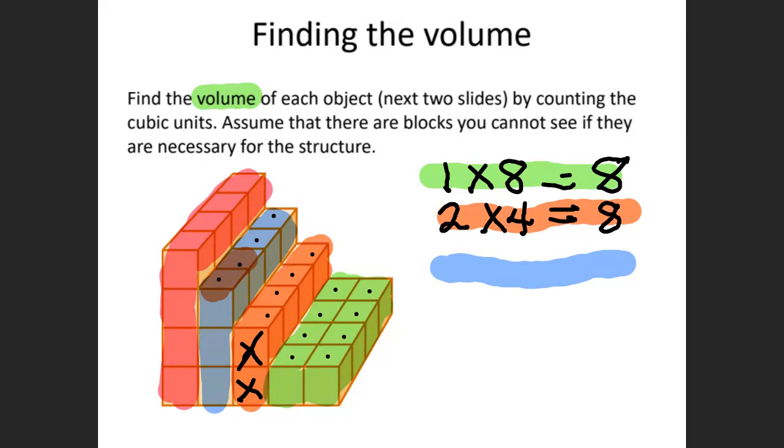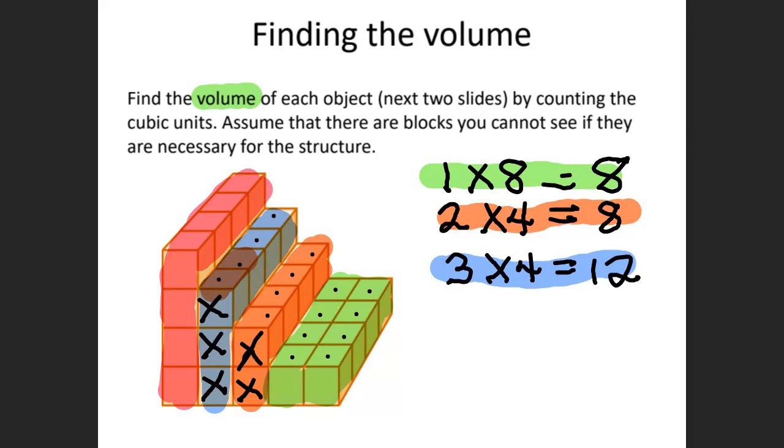But I have 1, 2, 3 layers. Okay. So that means 3 layers times 4, which gives me 12. Okay.